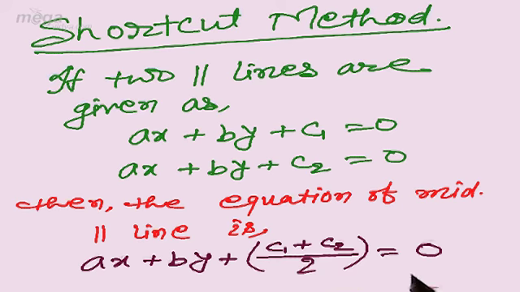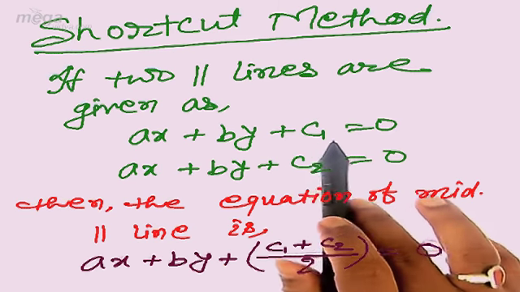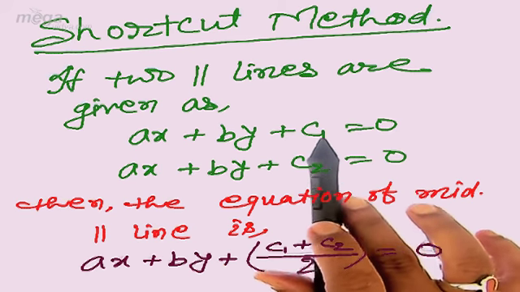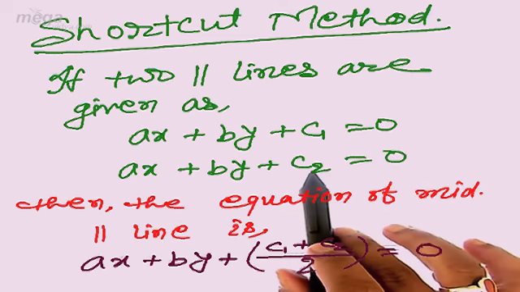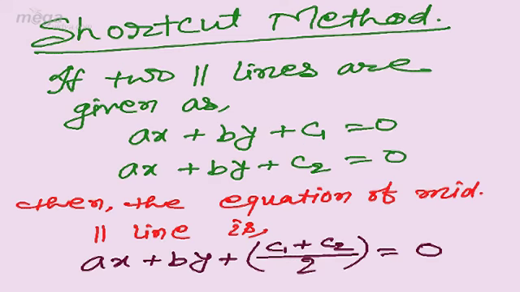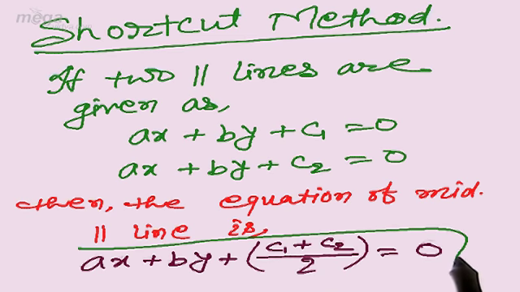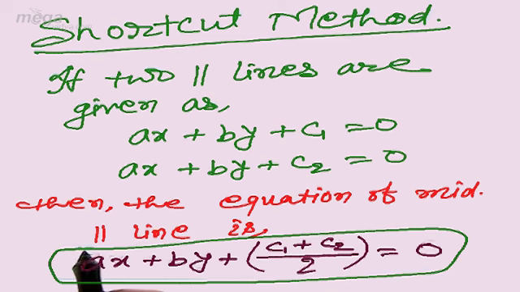This is the shortcut. We write the same a and b, and for c we find the average, the mean of those two given c's. So using this formula you can calculate the equation of the mid parallel line in a very easy manner.